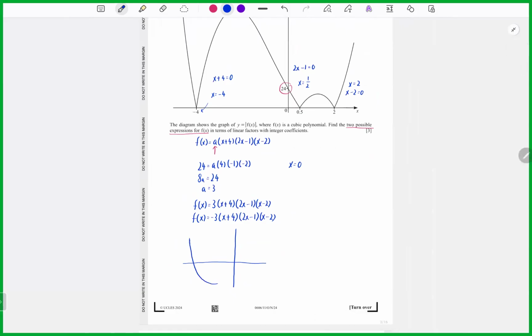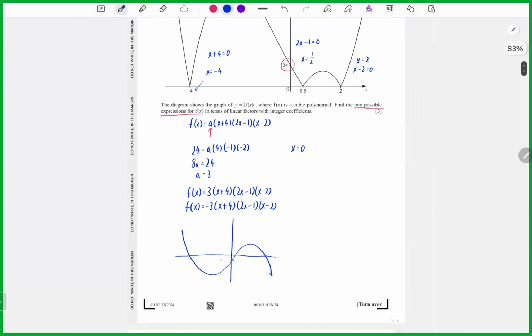Here is 24, here is negative 4, 0.5, 2. And another way is shown like this: it is negative 24, negative 4, 0.5, 2, x, y.